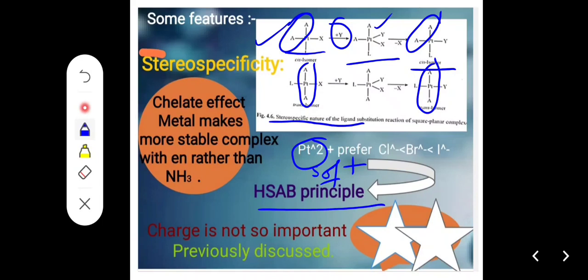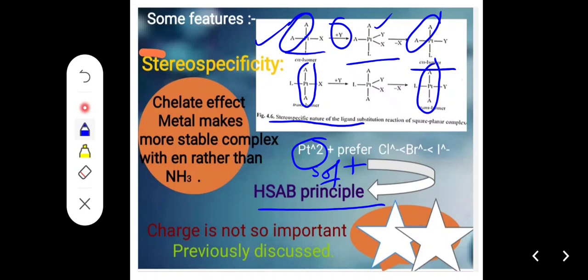So hard always prefers hard, soft always prefers soft. Platinum 2 plus is soft. When we go down a group, we see that softness increases. So platinum 2 plus is a soft metal and always prefers soft base or soft nucleophile.